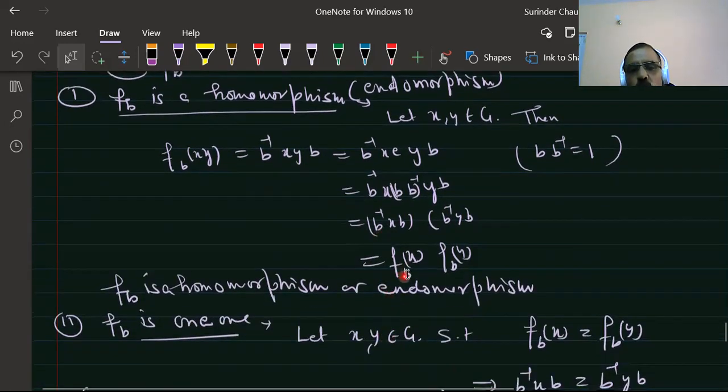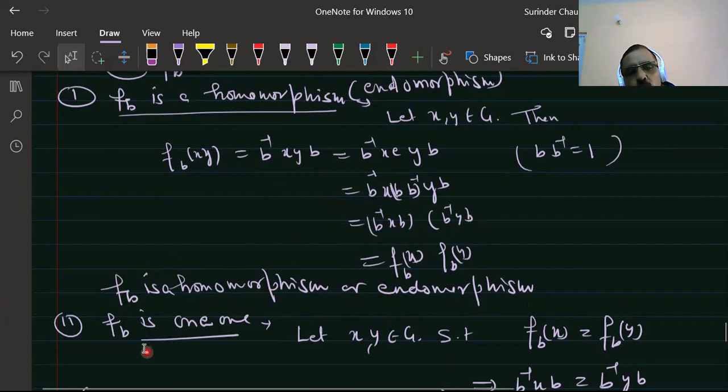So b inverse x b is equal to f_b of x, and b inverse y b is equal to f_b of y. So f_b of xy is equal to f_b of x times f_b of y, which implies f_b is a homomorphism, since the domain and range groups are the same. Therefore, it is a homomorphism.